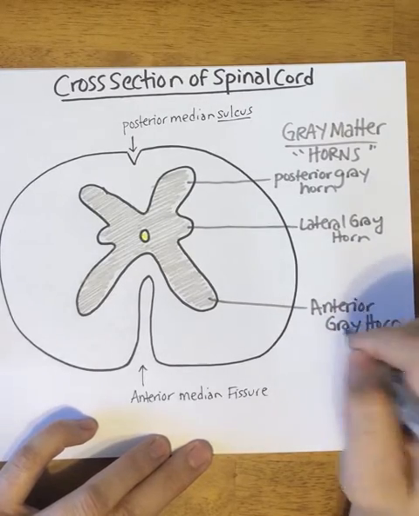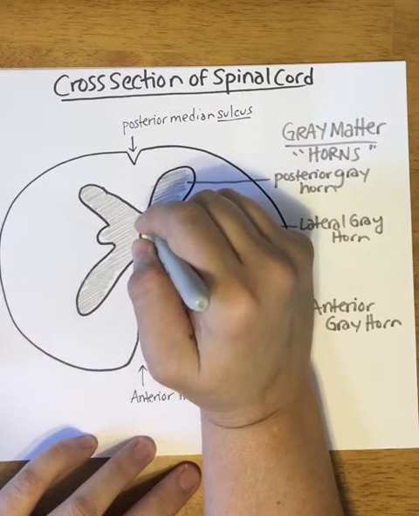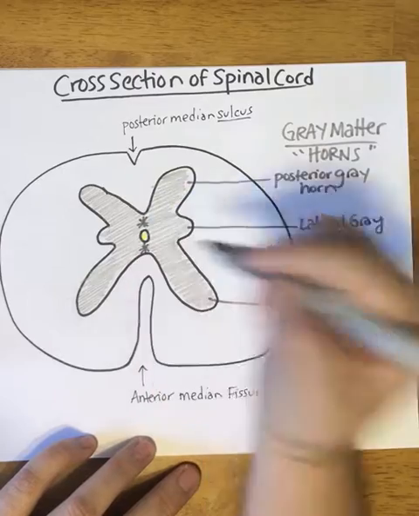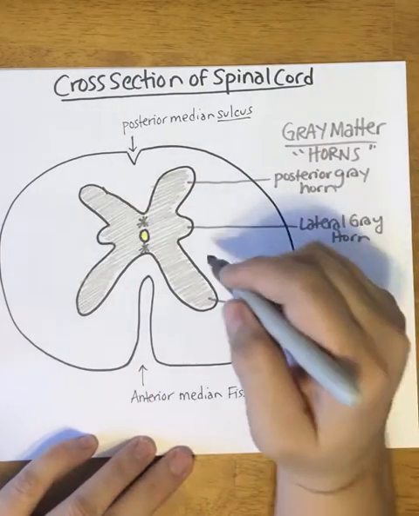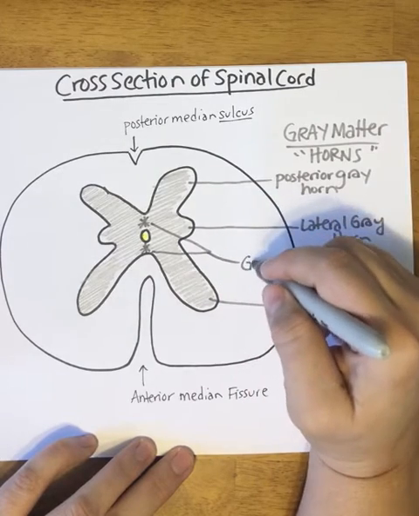That's your gray matter. Now, the space above and below the central canal is going to be known as your gray commissure.